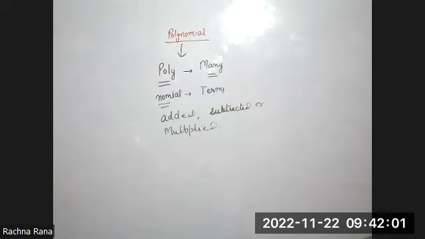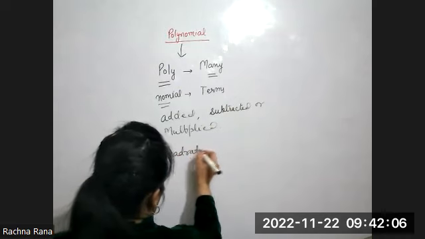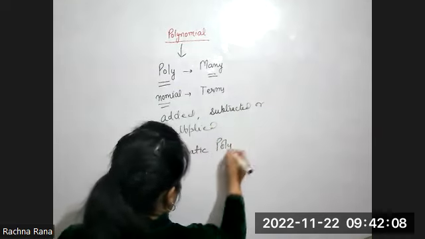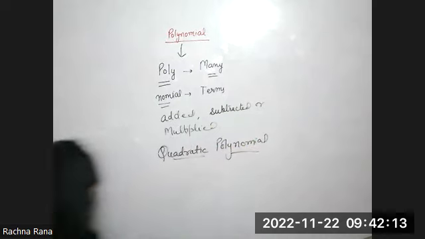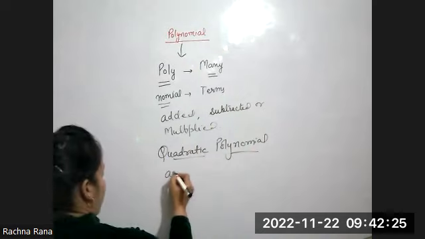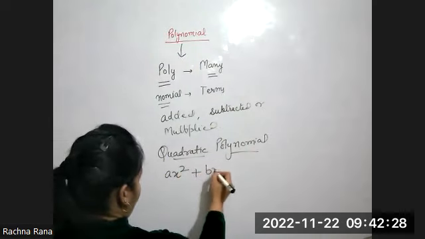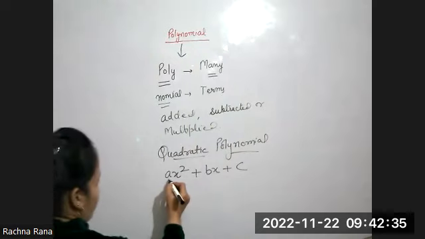A quadratic polynomial in x with real coefficients is of the form ax square plus bx plus c, where a, b, c are real numbers.